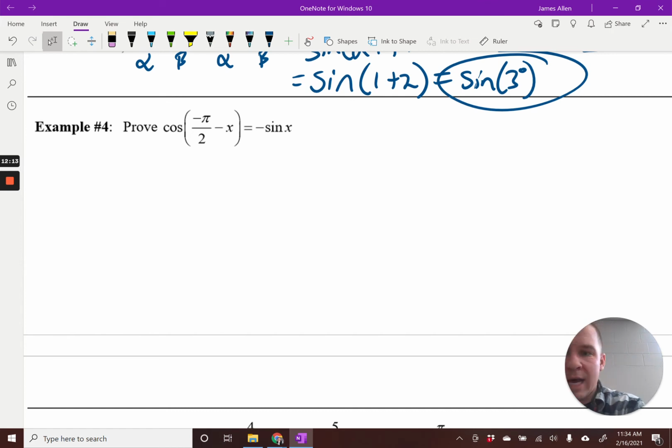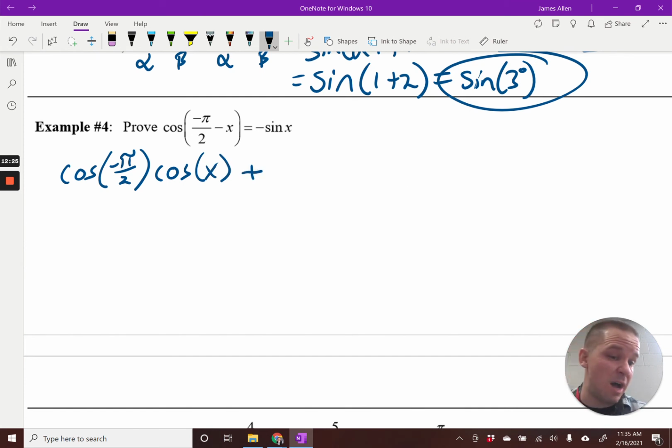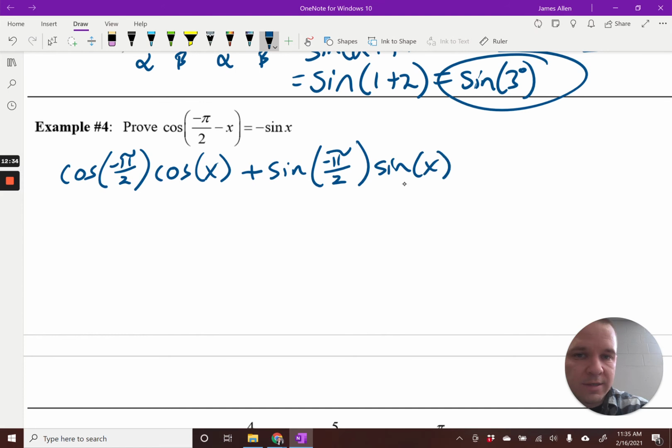So I'd have cosine of negative pi over 2 times cosine of x plus, it's the opposite sign here, sine of negative pi over 2 sine of x. We want to show that that equals negative sine of x. Remember, we're not going to manipulate the right hand side. We're going to only do one side, the more complicated side.